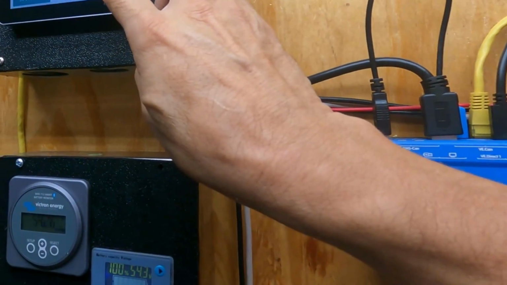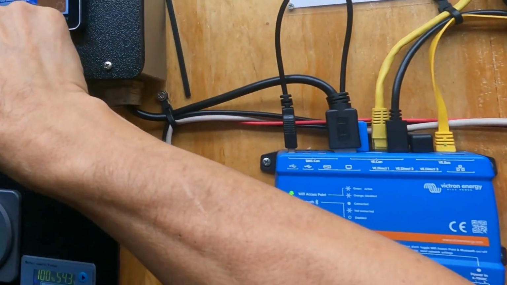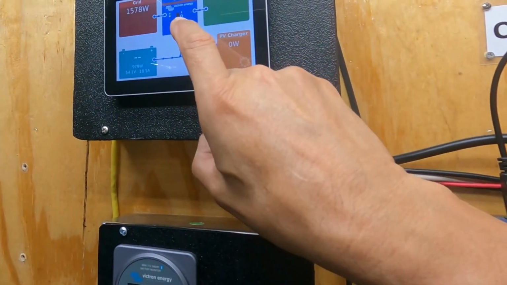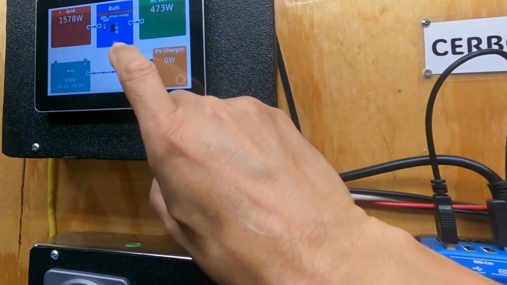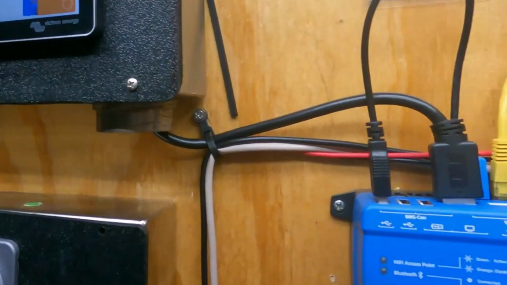The MPPT is not sending power here. That's clear? In this moment, the power entering from the shore power enters the inverter charger. One portion of that power is used to supply power for the AC panel, and the other portion is charging the battery bank.